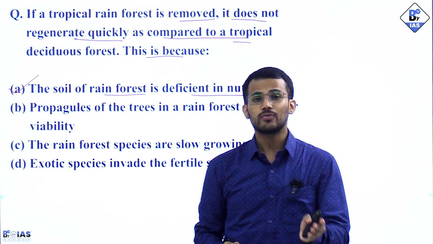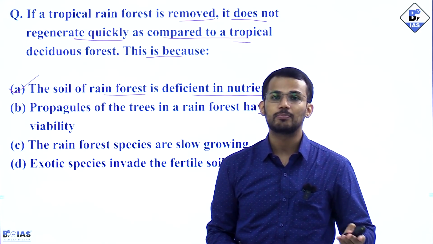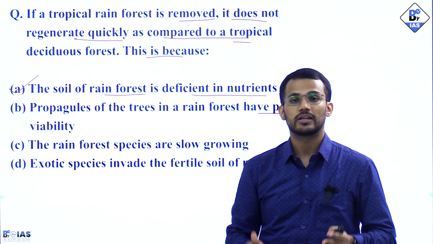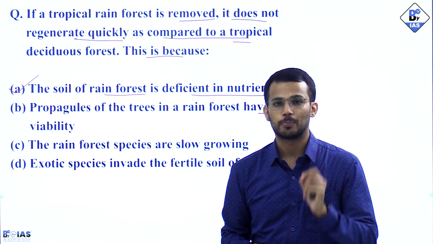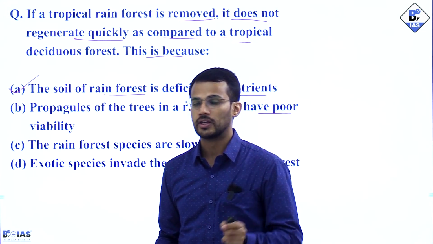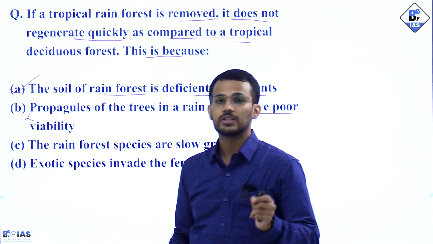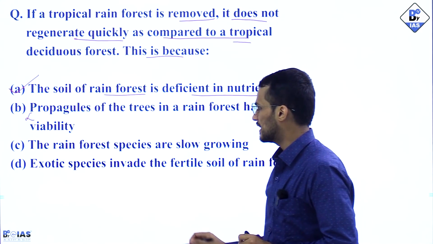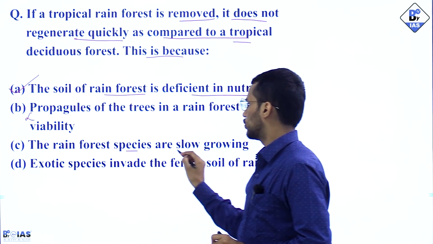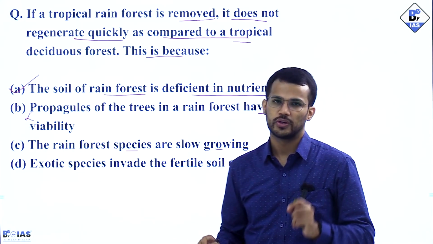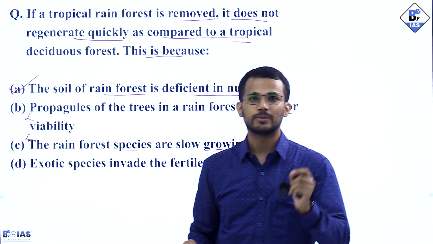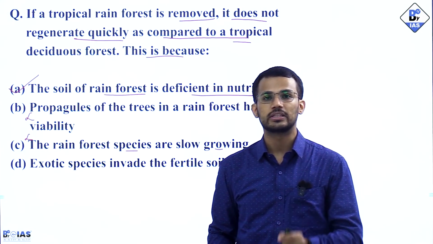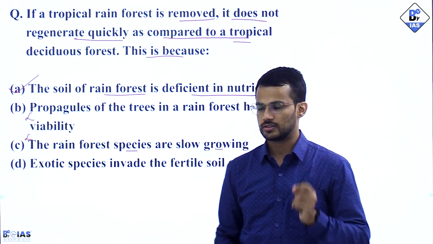Even if propagules are available in the tropical rainforest, the soil is infertile. So it is not about the propagules but about the soil, and hence option B is incorrect. C: the rainforest species are slow growing. Again, this is incorrect because it is not about the plant species, but about the soil nutrients.